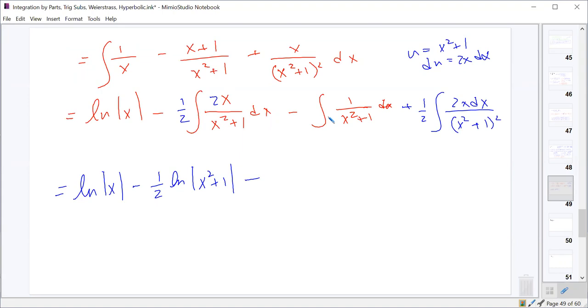That should just be inverse tangent x. And then this last one, this is u to the -2, so that should just become minus 1 over u. So minus 1 over 2 times x squared plus 1, because we had the 1/2 out in front, plus our constant.